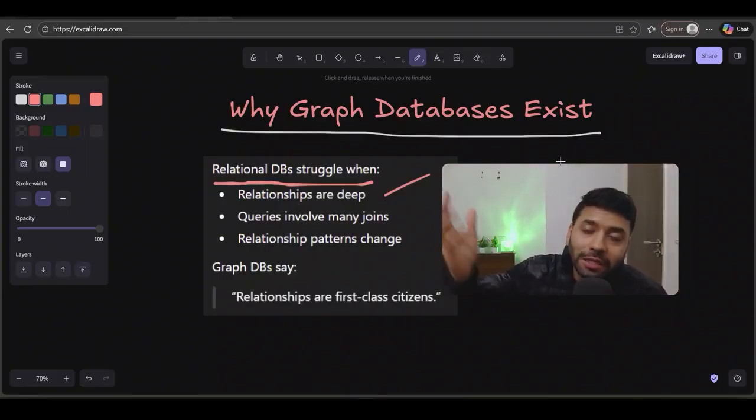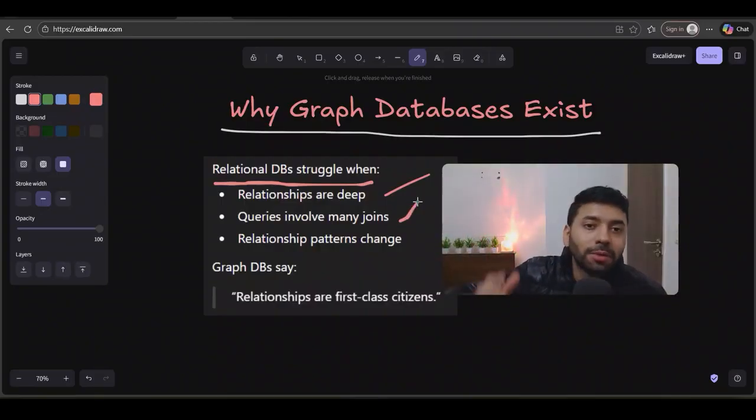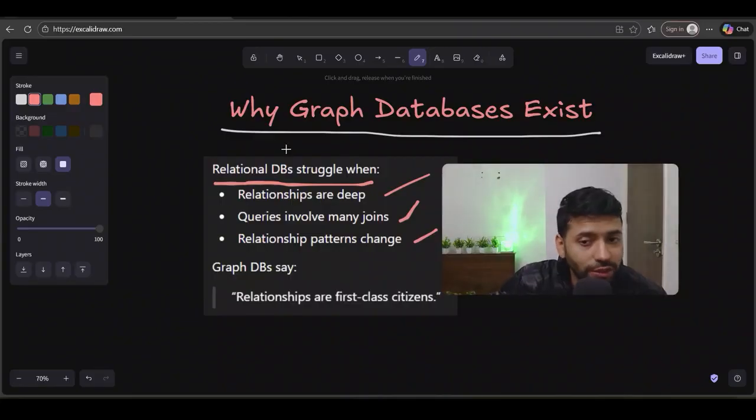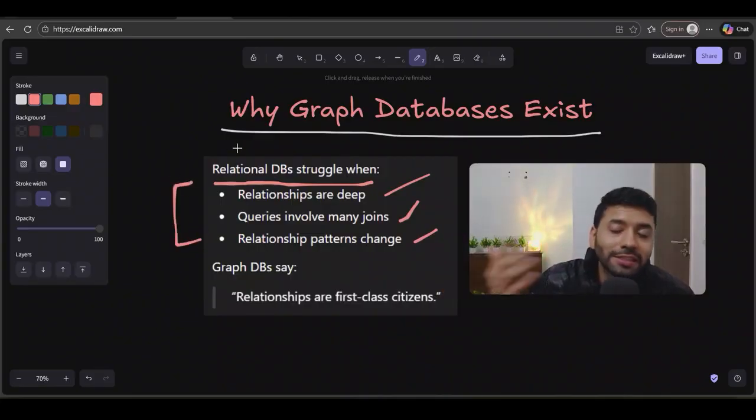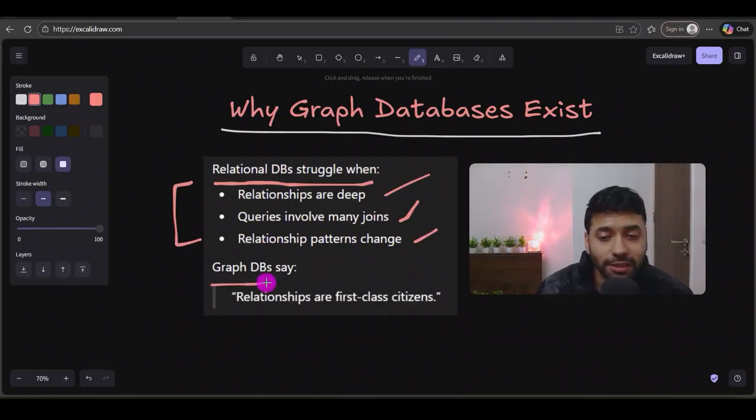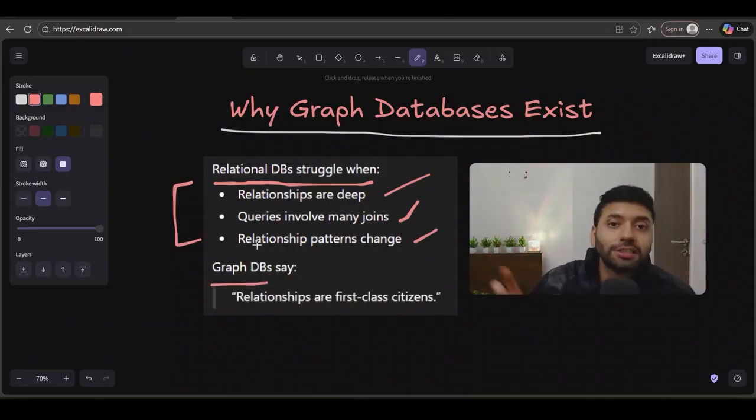In that case, you have deep relationships and the queries would require a lot of join operations, because you have to take data from multiple places. And another thing is, when the relationship patterns can change, then relational DBs can struggle. So in these areas, instead of relational DB, you would like to use the graph database, because graph database deals based on the relationship only.